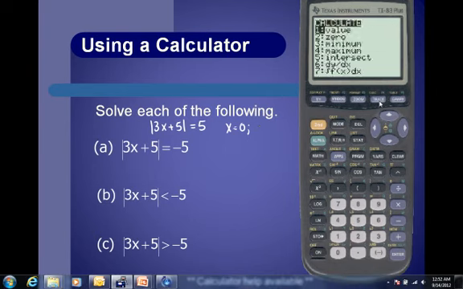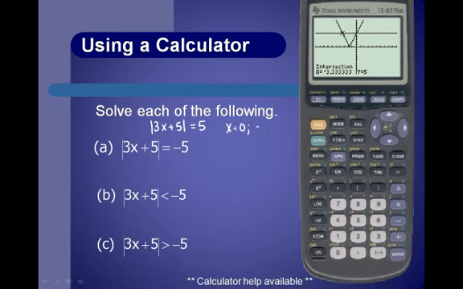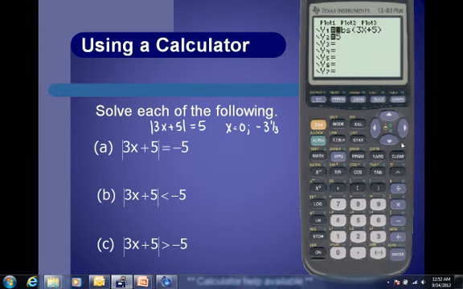Second trace, number 5. Enter, enter. The second time we're going to put our cursor on the other intersection, and we get negative 3.333, which would be negative 3 1/3.